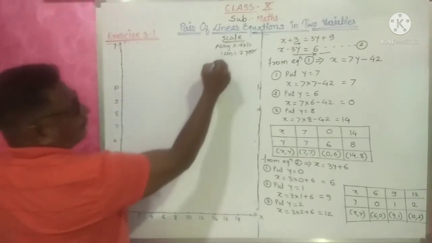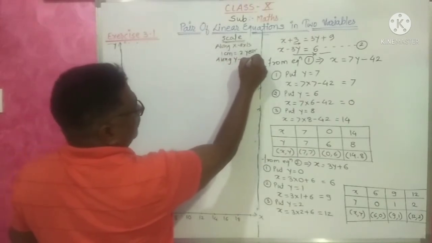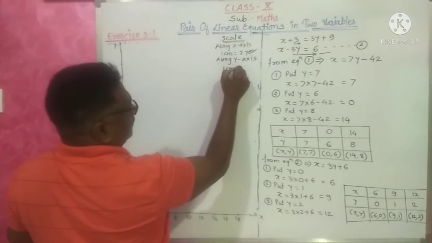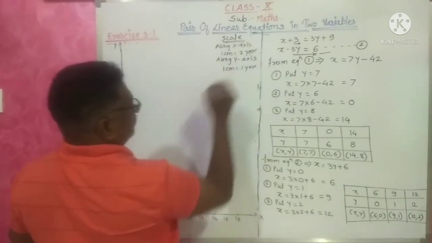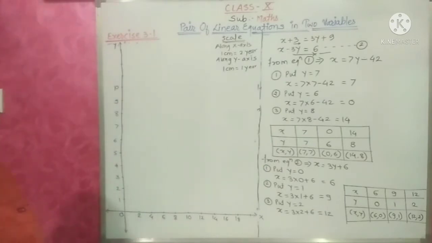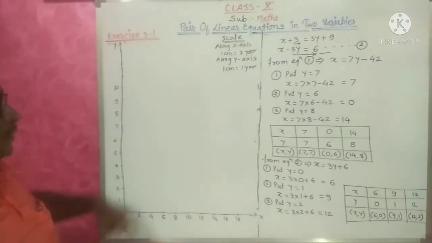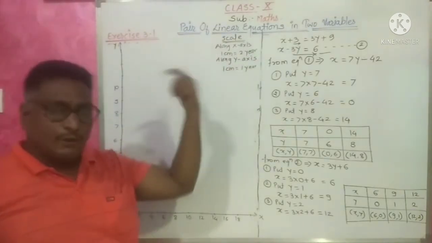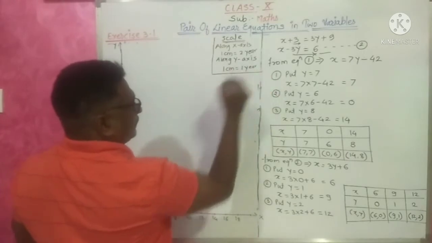So along y-axis 1 centimeter equals to 1 year. Okay. So in this way we took the scale, or in place of year you can write unit also, no problem. So this is the scale.